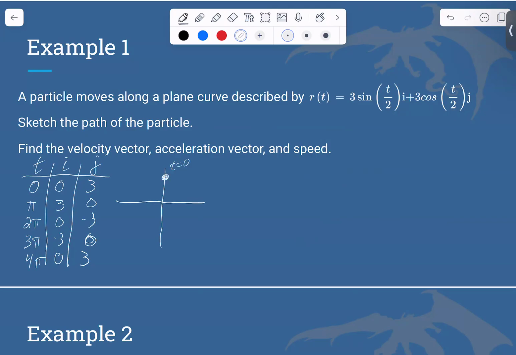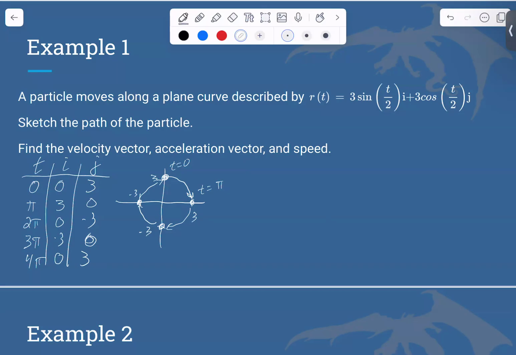That's where my dot, or my particle, is going to start. Then at t equal to pi, it's gone in a curve over to that point. And literally, it's just going to go around. You think it should be a circle, and yes, it is a circle. And then you start exactly where you stopped. So we've sketched the path of the particle.